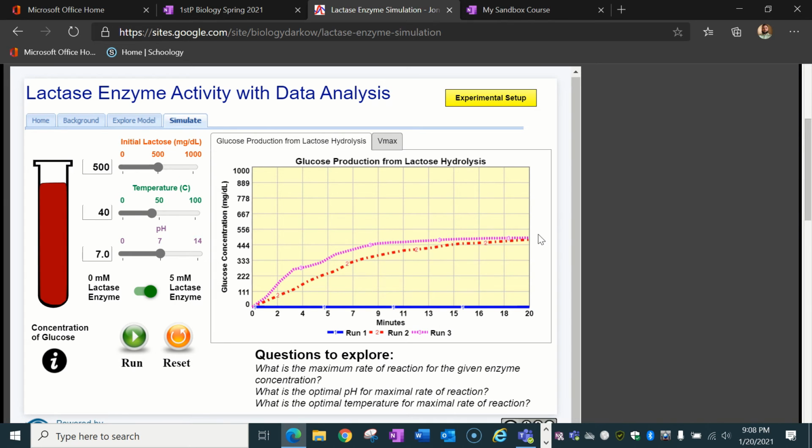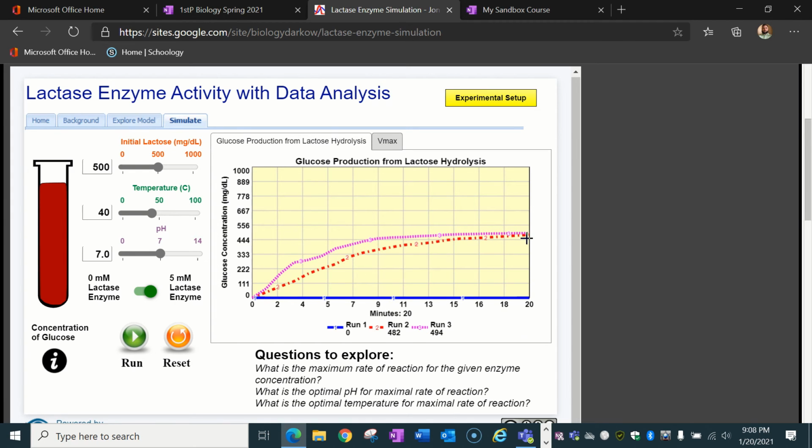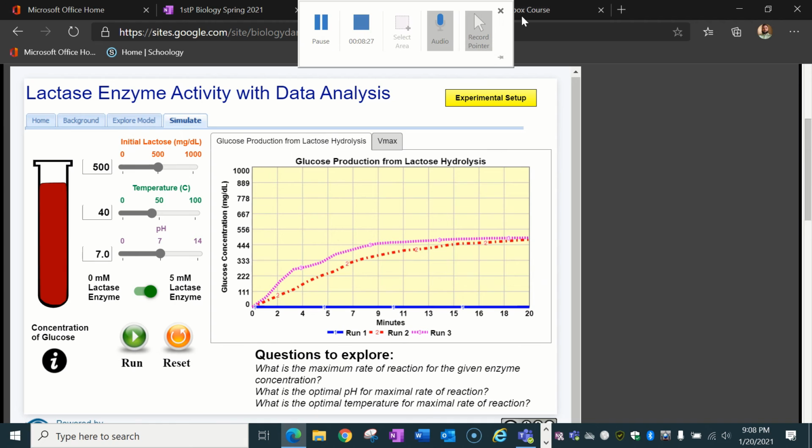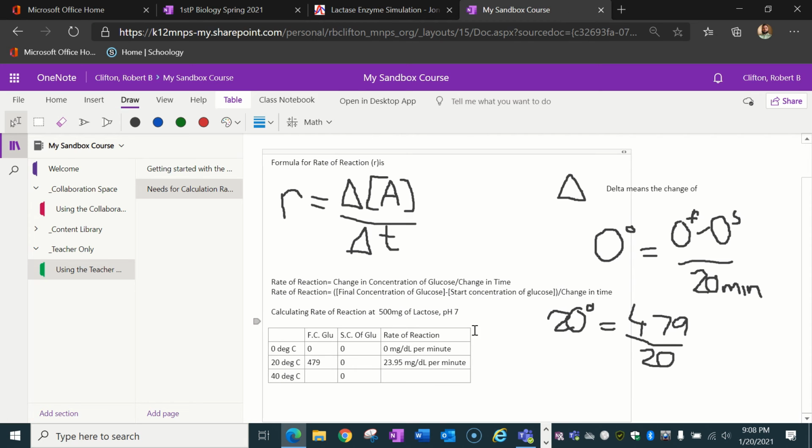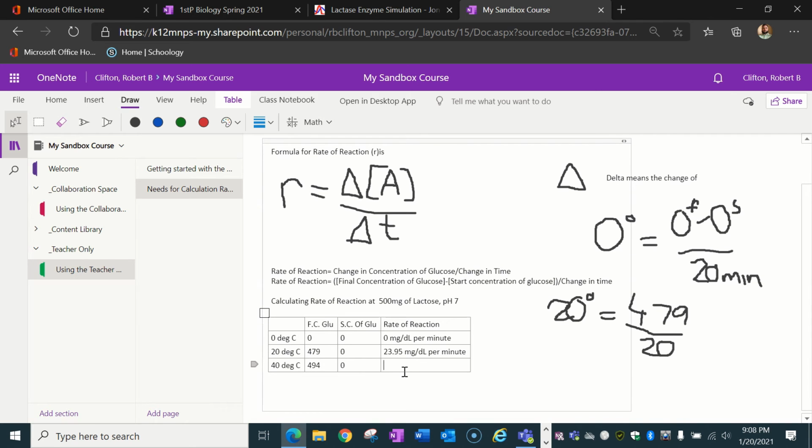Let's go to our measurement. For our run for 40, if you just measure it over here to the 20, it will show you that it is 494 for that.